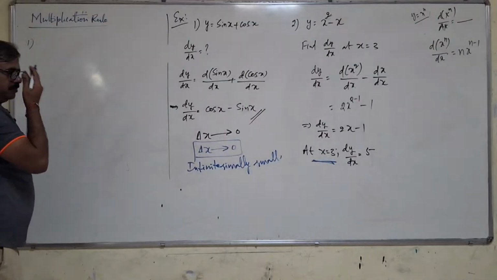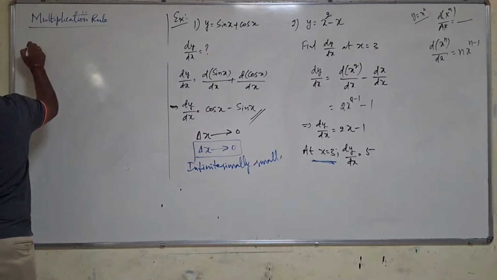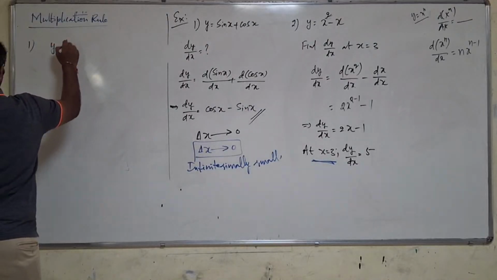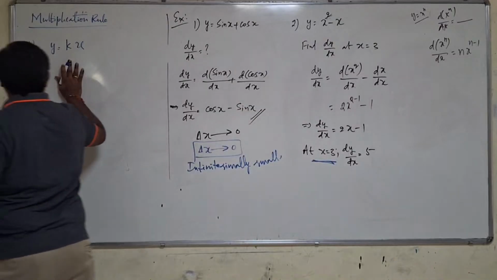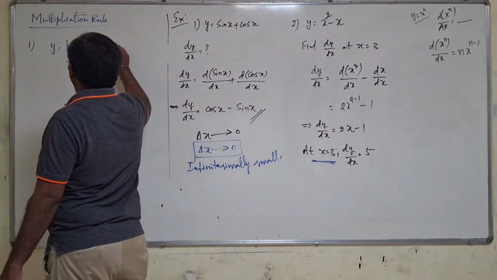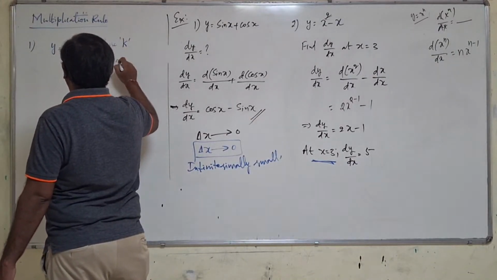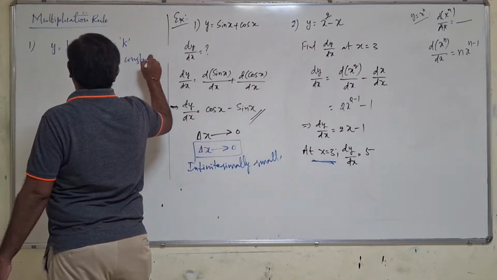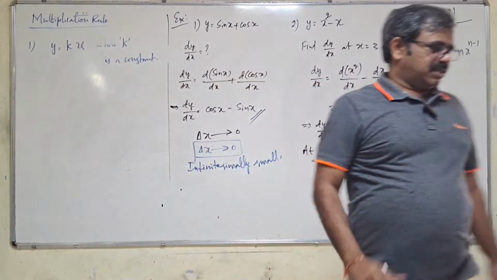Multiplication rule. In the multiplication rule, the first rule that I am going to discuss is y is equal to k into u, where k is a constant and u is some function of x.